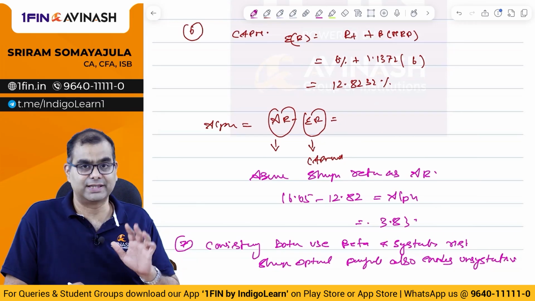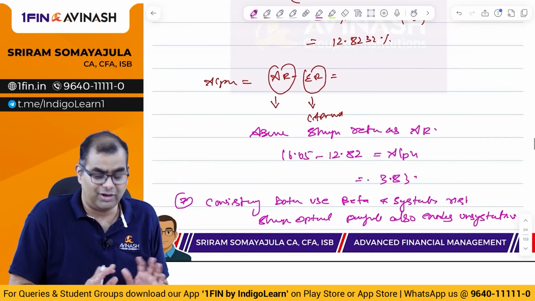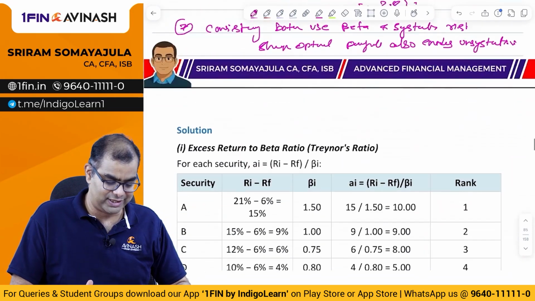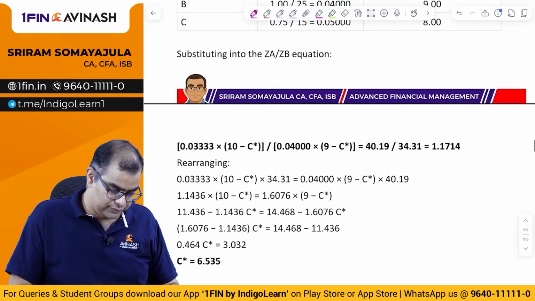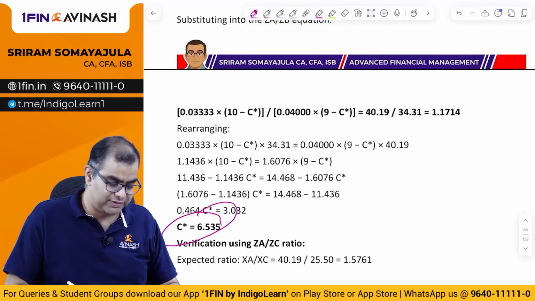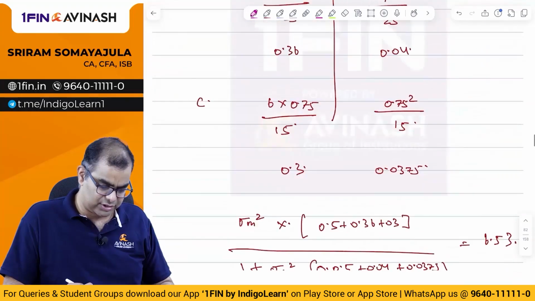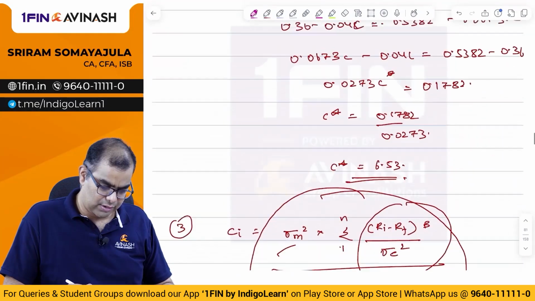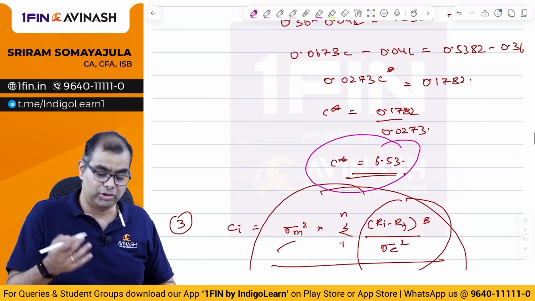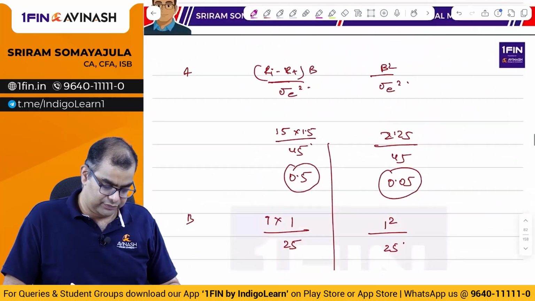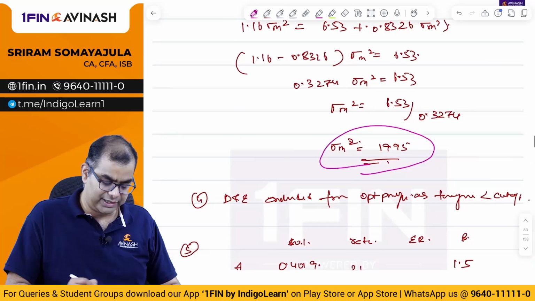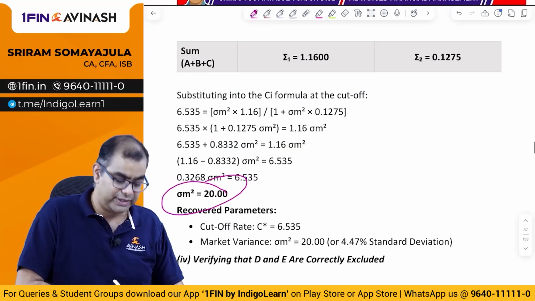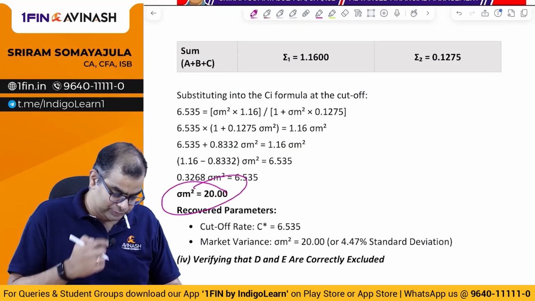Okay, let us see what is the exact answer AI has generated. This is a horrible question, man. Okay, 1, 2, 3, 4, 5, this was okay. We got 6.535 as C star, roughly 5.3 or something, one more decimal. Then we got market variance as 19.95, rounded to 20.